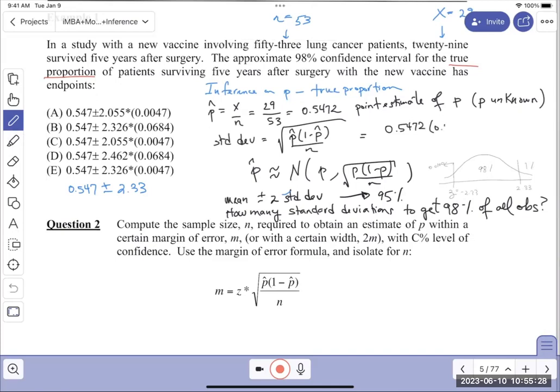So this is going to be 0.4528, right? Divided by n, which is 53, and then square root. So make sure you can get this. Let me know if I made a mistake in my calculation.